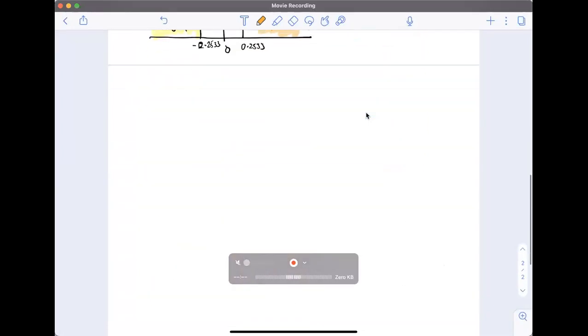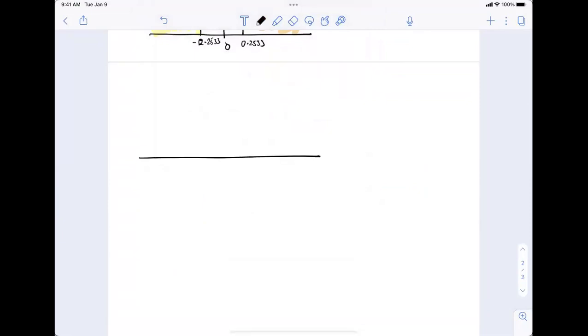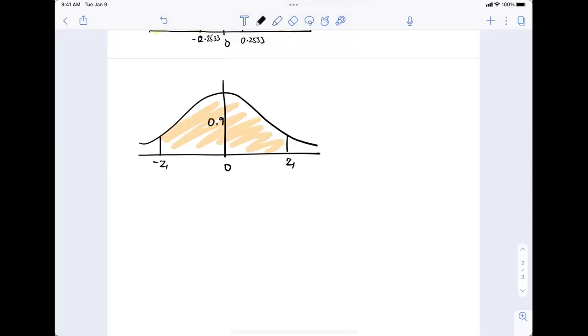So let me go back and draw my chart. I have a mean of 0. And I'm told that from minus Z1 to plus Z1, the area of the curve is 0.9. This entire area is 0.9, and we are asked to find the value Z1.